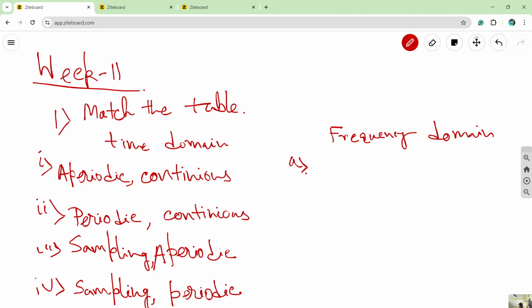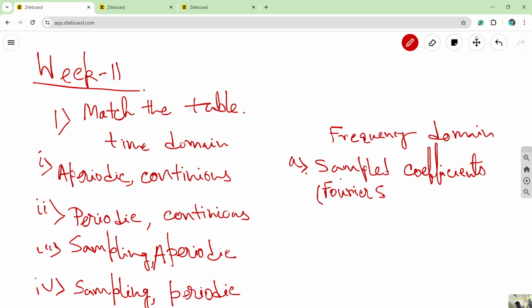Okay. Now starting the right hand side. Sample coefficients means, what I exactly mean is, Fourier series.